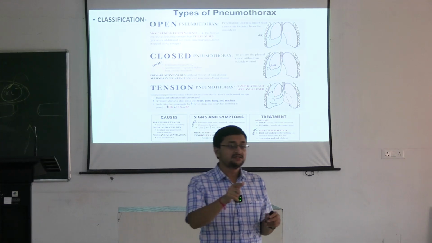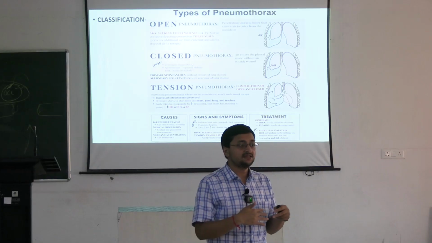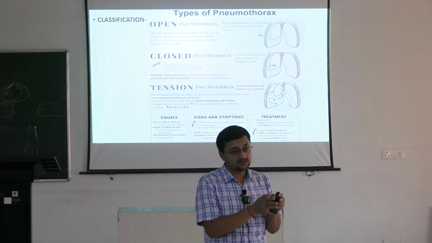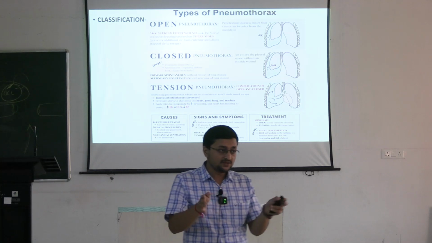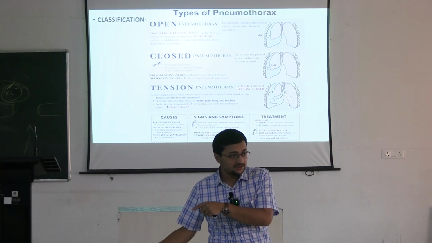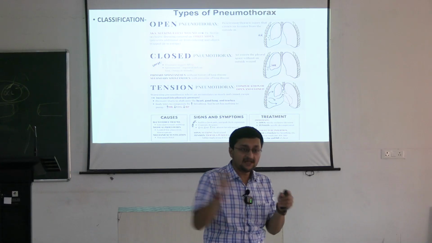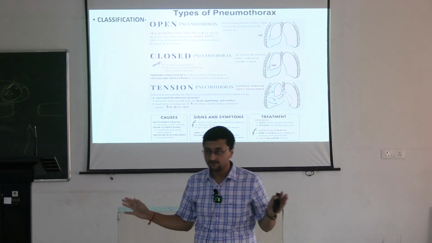The sharp object passes from the outside part of the lung to the inside, traversing the pleura. So the pleural tissue ruptures, and there is a connection between the outside of the lungs and the inside of the lungs. Air enters through the connection. So this is an open pneumothorax. That's just as simple as that.